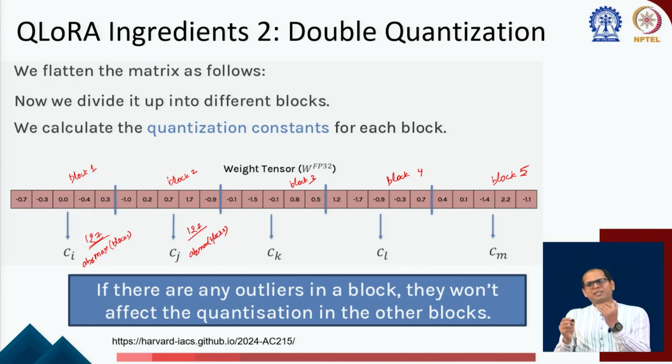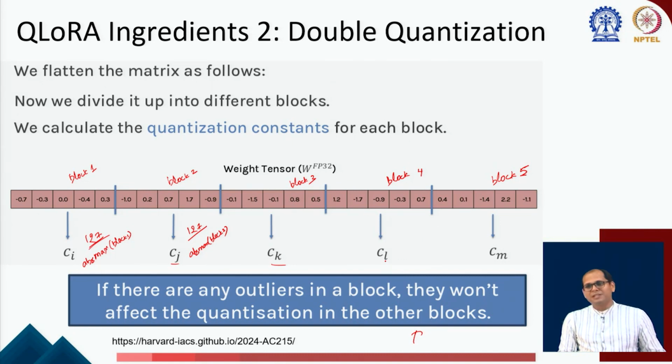So even if there was an outlier in one of the blocks, it will only impact the quantization in that block, right? It will not impact other blocks. And that's the idea. So outliers will not affect the quantization in the other blocks. So I can do these quantizations independently.